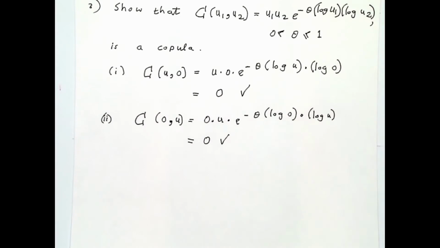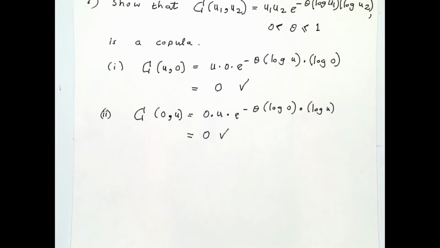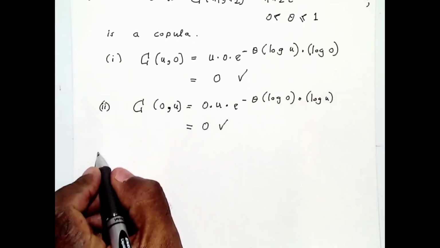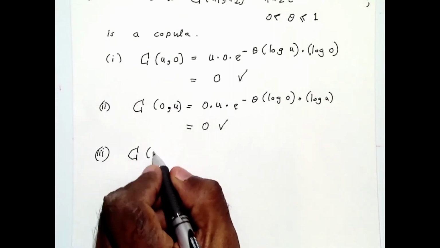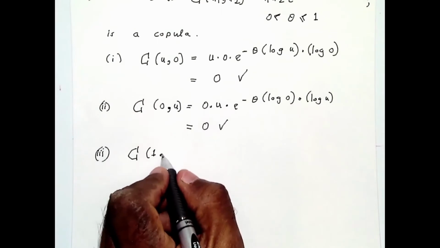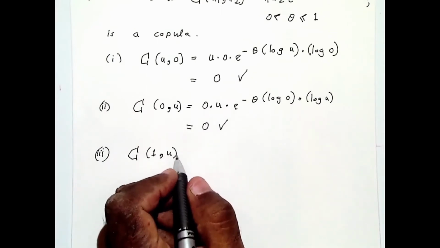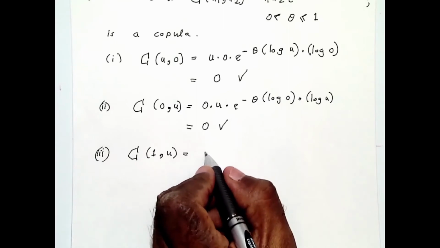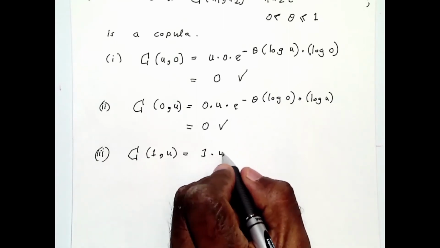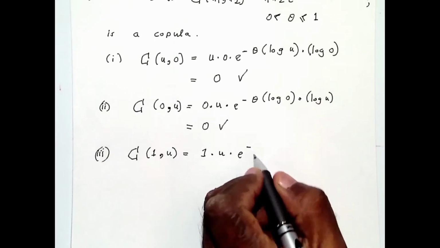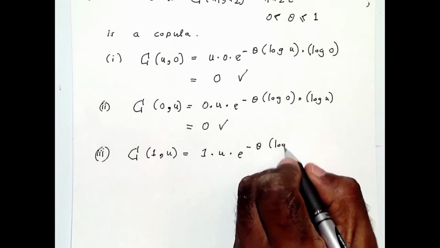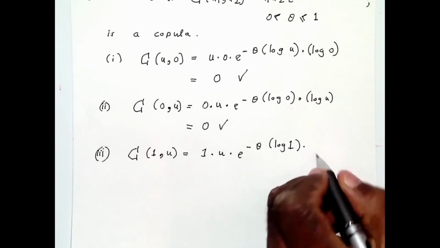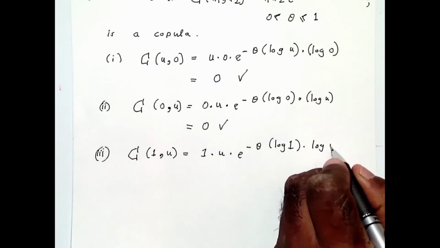And next is C of 1 comma u, and this is going to be 1 times u times theta times log of 1 times log of u.